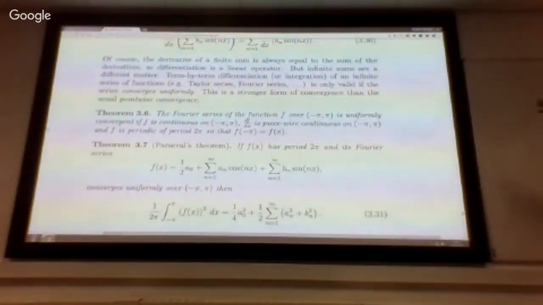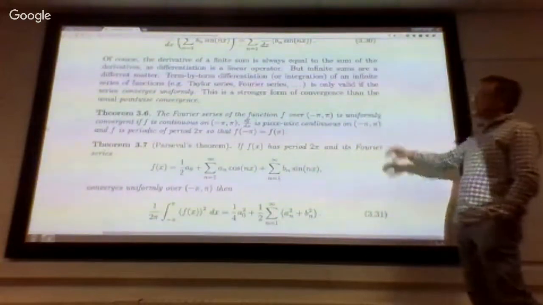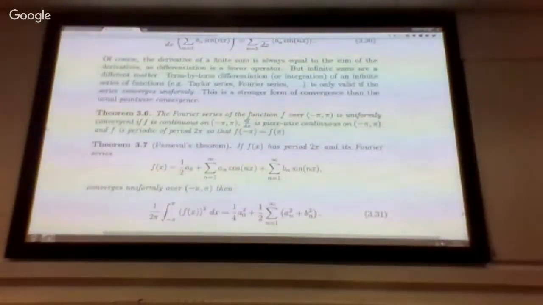We've just seen an example with the square wave function where I tried to illustrate that the convergence is not uniform, with large oscillations always there. But the conditions stated in theorem 3.6 will guarantee that the convergence is uniform.